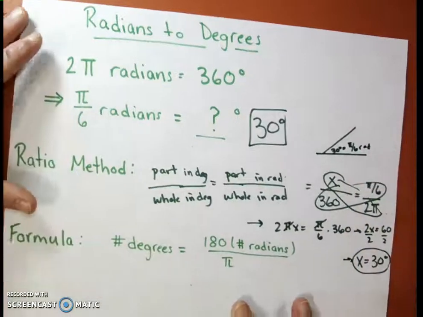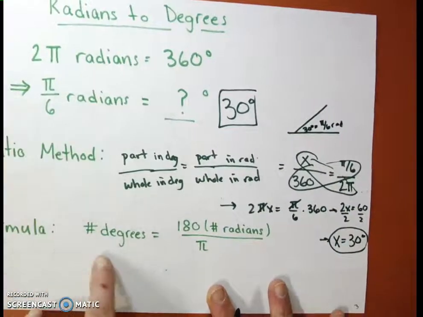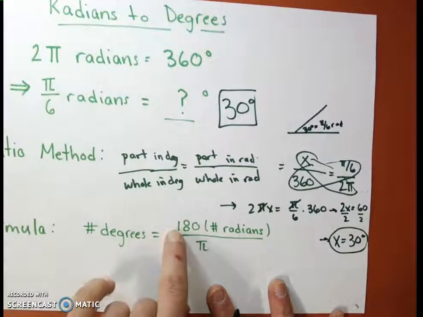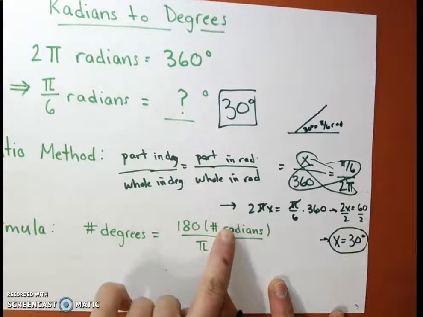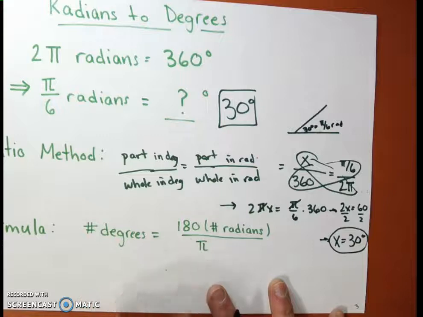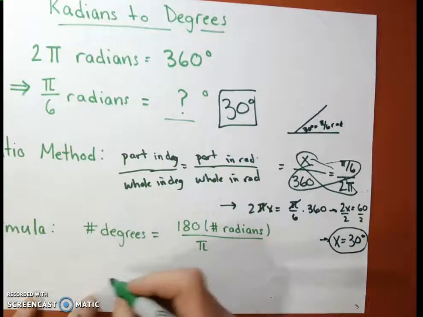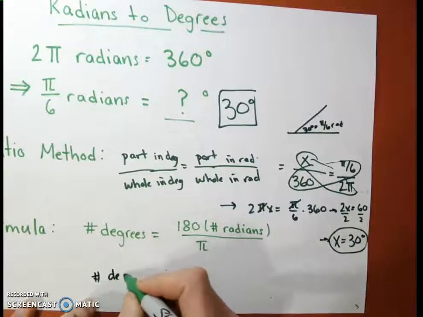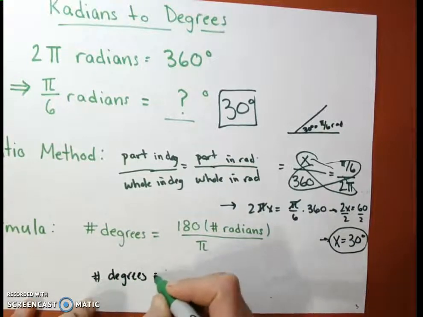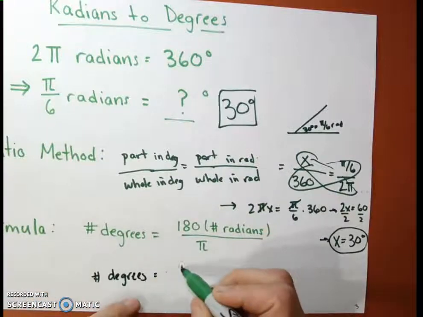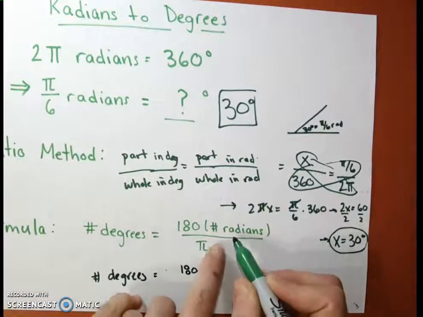And we have a formula going in this direction as well. The number of degrees is 180 times the number of radians divided by pi. So I could solve the same question using the formula. The number of degrees is what I'm looking for. So that's going to be 180 times the number of radians.